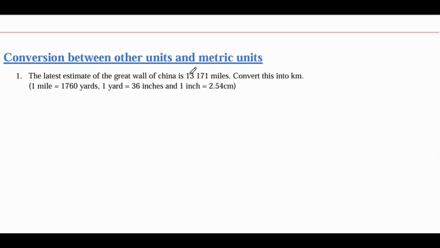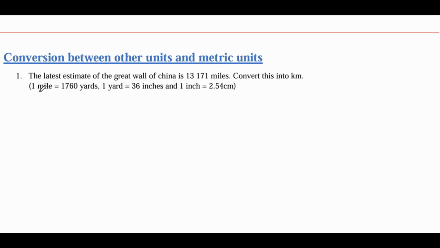As we found, the metric units are easier to convert because every unit is greater than the previous unit by a factor of 10. Now let's take this example here. The latest estimate of the Great Wall of China is 13,171 miles. Convert this into kilometers.